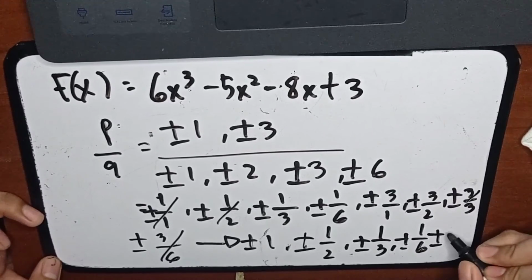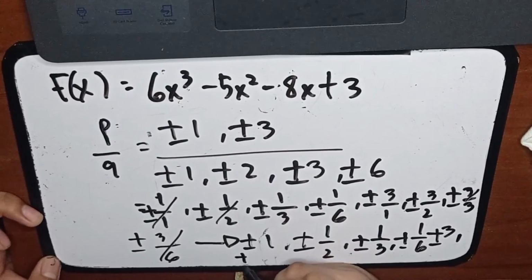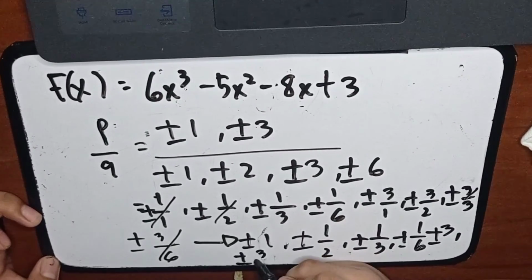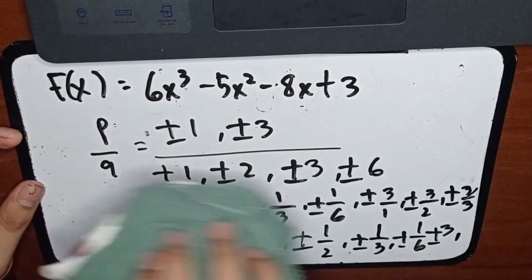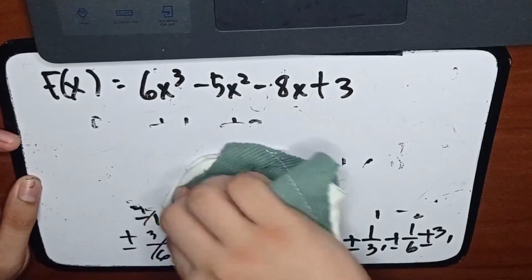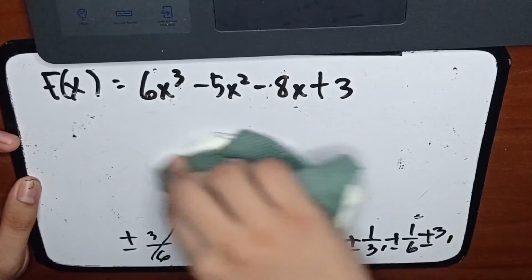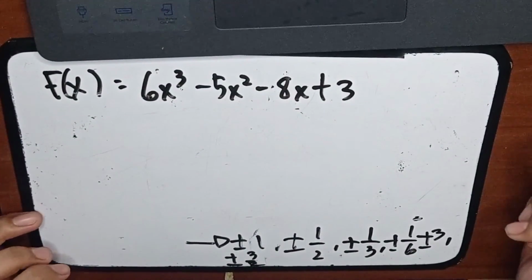Positive, negative 3. And positive, negative 3 over 2. Okay? So here are the possible roots of the equation.